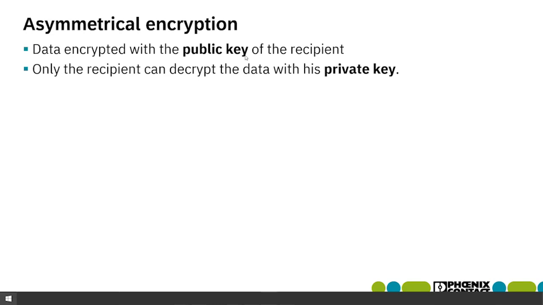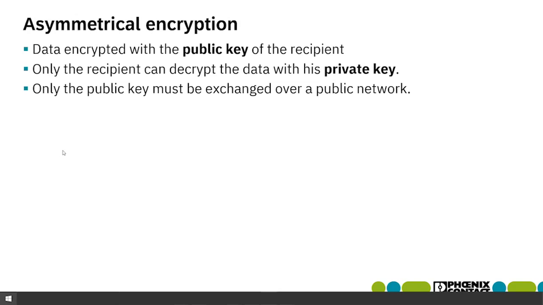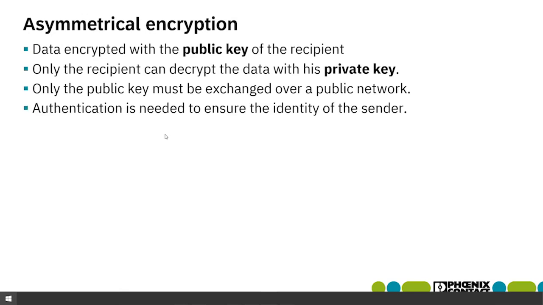Only the public key, this is what you share. So only the public key must be exchanged over a public network, and that's no big deal. The public key is public, everybody can have it because it's only used for encryption. And only with the matching private key, you can decrypt the data, but the private key is never shared. So this is used for authentication so that we can identify the communication partner.